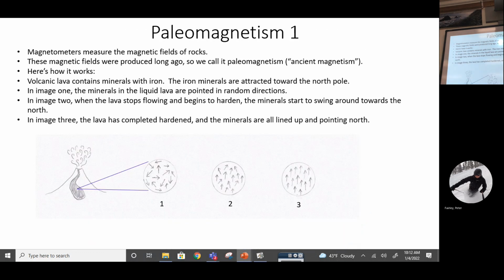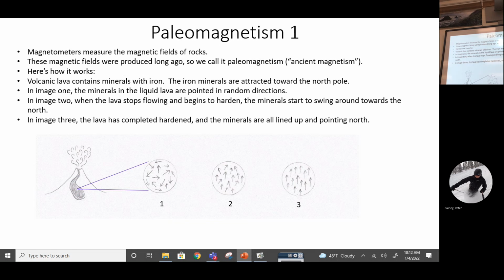All right, paleomagnetism. Okay, paleo, what does that mean? You might have heard of paleontology, one of my favorite studies. Paleontology is fossils. Ancient life.